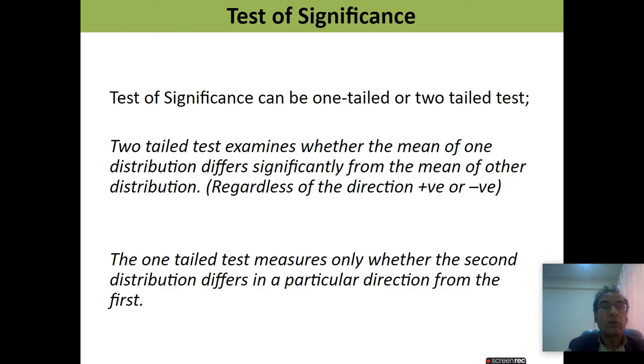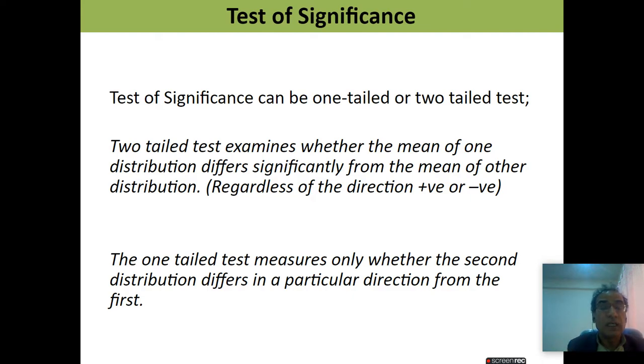A two-tailed test examines whether the mean of one distribution differs significantly from the mean of another distribution, regardless of the direction, positive or negative. So we do not see the direction in the two-tailed t-test.